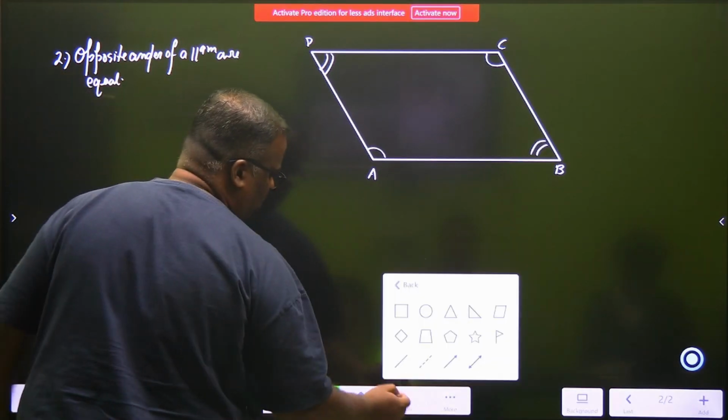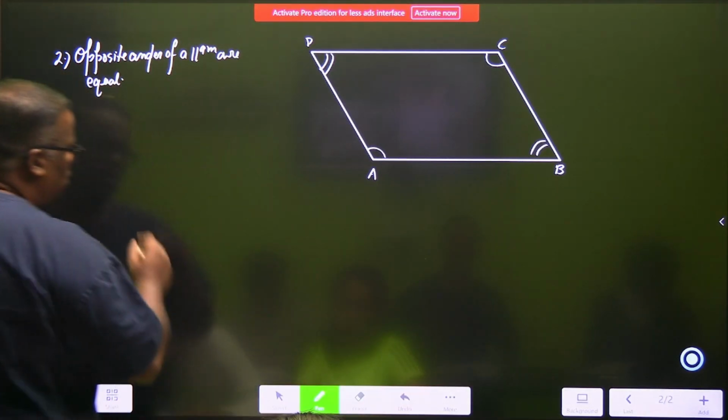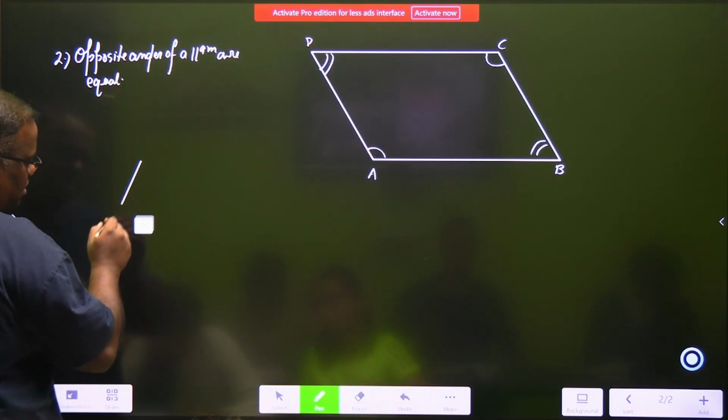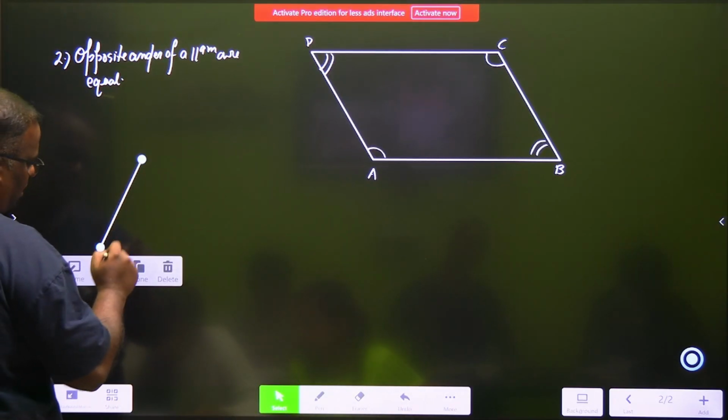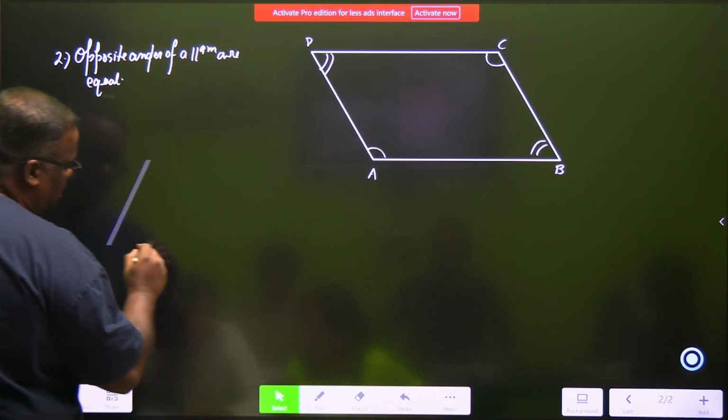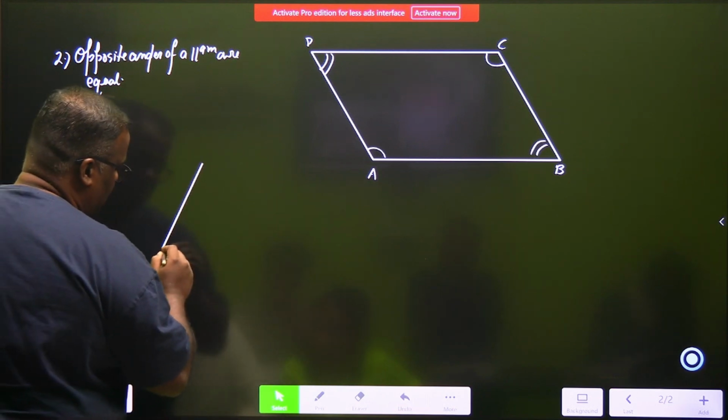Let's use our common sense. Okay, let's say you are drawing something like this. ऐसे आपने ड्रॉ किया और दूसरा वाला आप ऐसे ड्रॉ कर रहे हो.